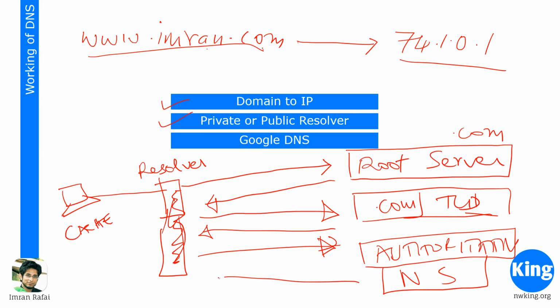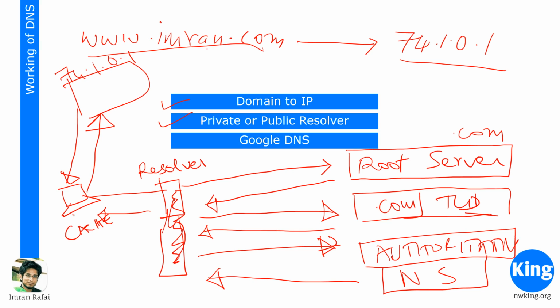It sends that information back to the resolver. The resolver puts that in its cache, and it sends that back to your computer. Your computer then contacts that server, let's say this is the server, which is 74.1.0.1. It contacts the server, and the server sends the HTML file, and it displays that information.